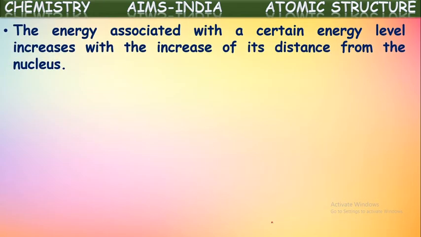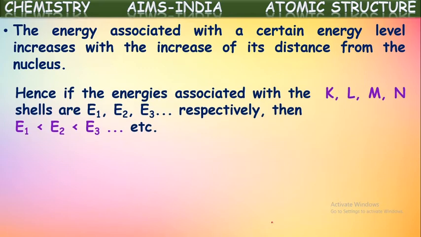The energy associated with a certain energy level increases with the increase of its distance from the nucleus. The orbit or energy level nearest to the nucleus has the lowest energy. That means the K shell, the first shell, has the lowest energy among all. As the distance from the nucleus increases, the energy associated with that energy level also increases.